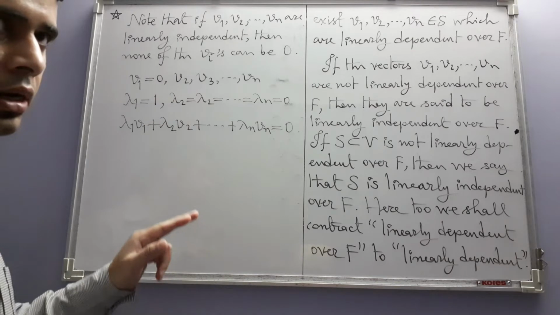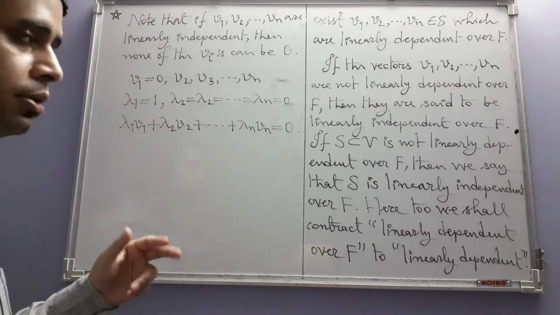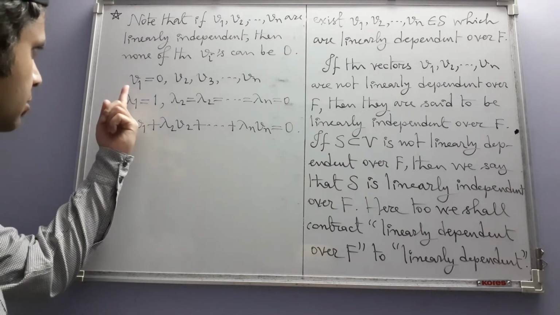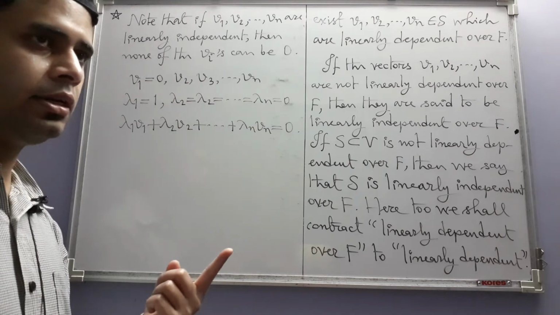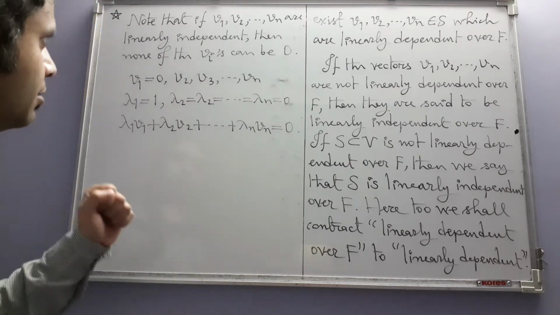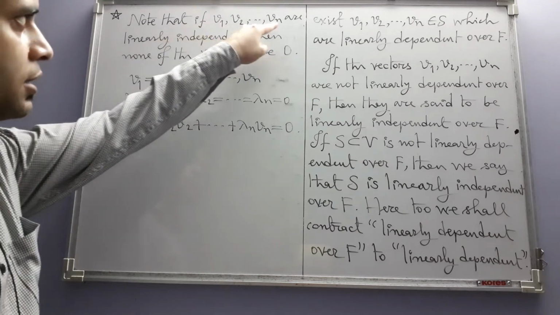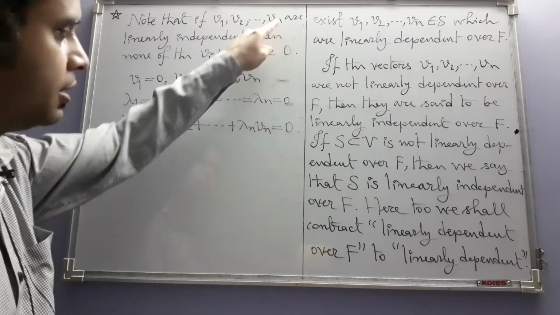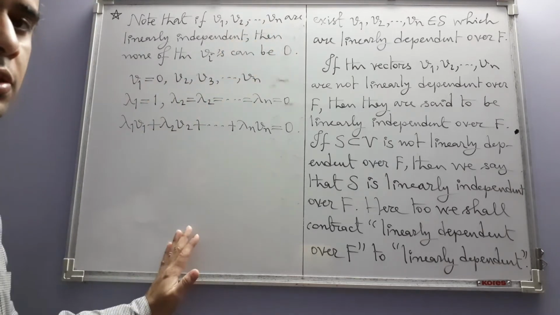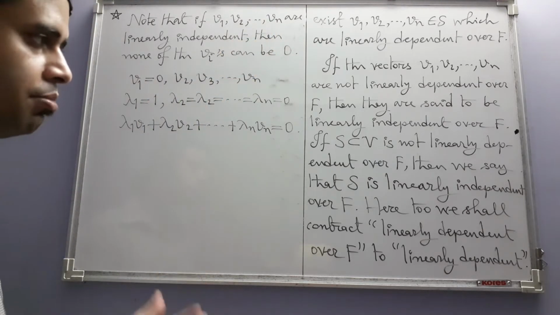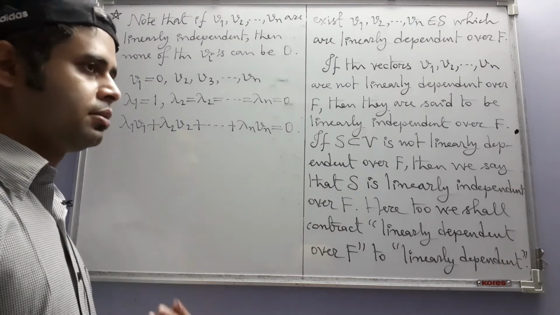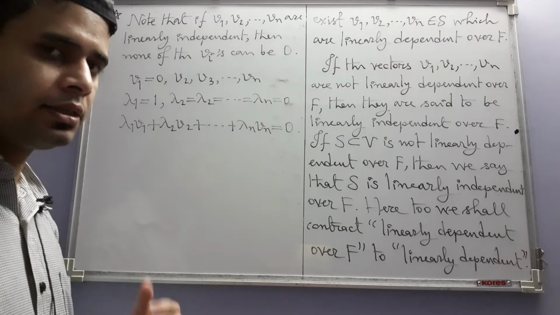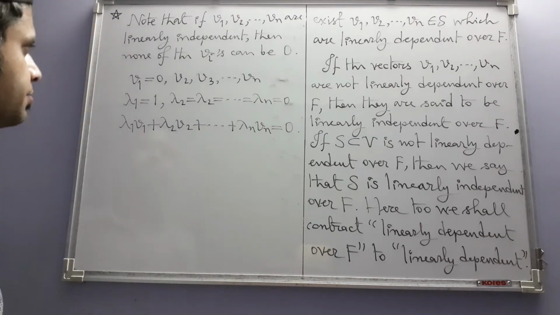Zeroness of v1 allowed us to choose lambda1 non-zero, and that is why these vectors are linearly dependent. So that means if some vectors are given to us and it is given that they are independent, then none of them can be 0. Independent vectors are by their very independence non-zero vectors.